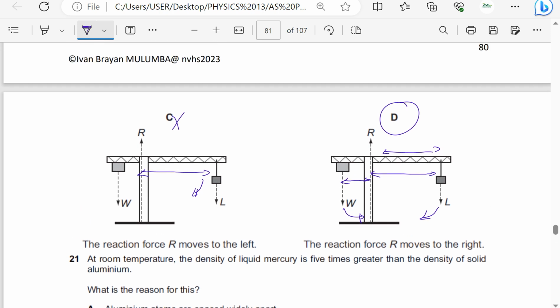So the answer here is going to be D. Since more weight moves to the right, the position of the center of gravity must shift to the right if no toppling is to occur. That's why the vertical line of R is shifting towards the right, to show that the position of the center of gravity extends to the right, so that the beam does not topple or fall off.